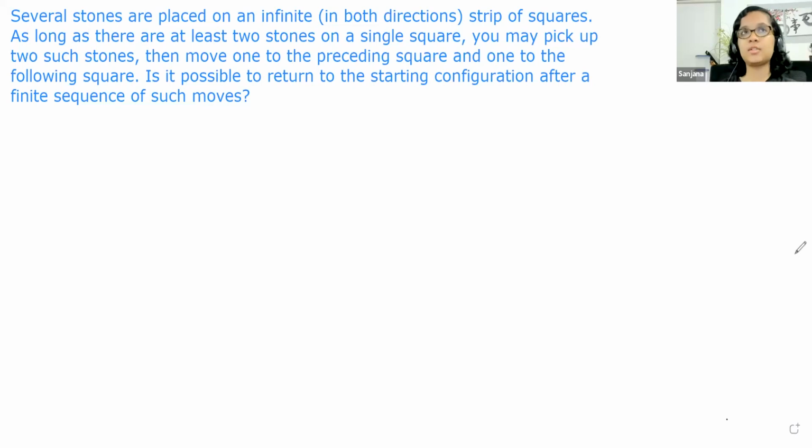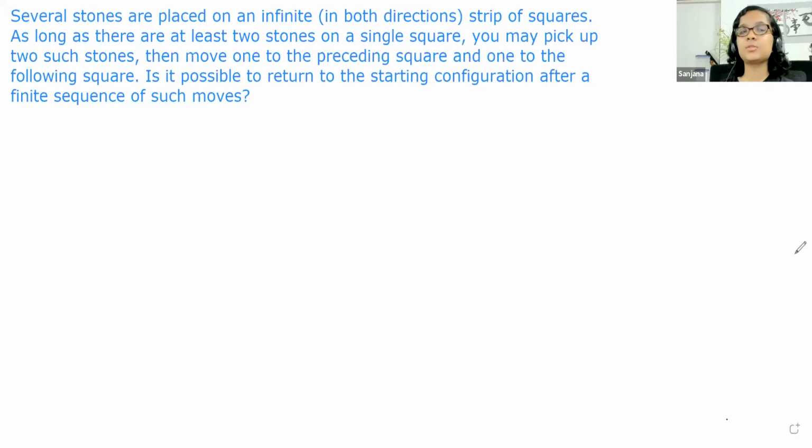Does anyone else have any ideas for this? If not, then Anurag, you can tell. I think it's not possible, but I'm not able to think of the reason behind it. Okay. It has to increase, you cannot get the same configuration.